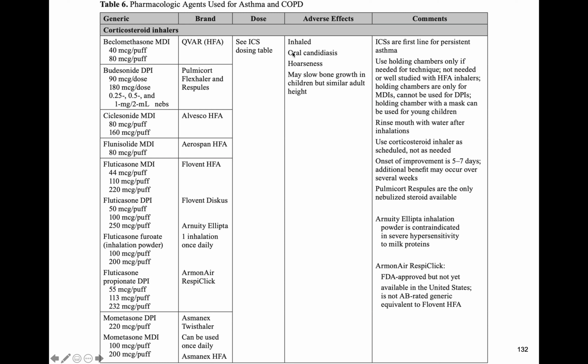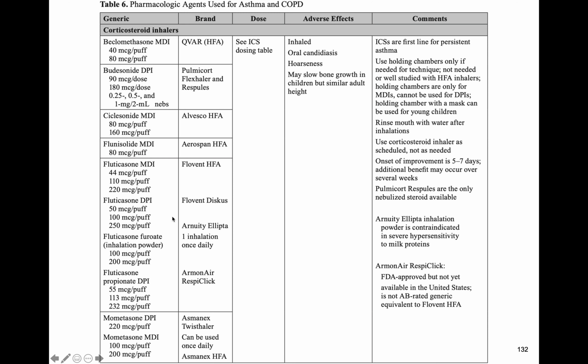Again, some of the tips: oral candidiasis, so remind your patient to wash their mouth out. And really the most important thing, and you might not have the opportunity to do this with the patient in your clinic, but certainly have them talk to the pharmacist, because if it's the first time they've ever dealt with a metered dose inhaler or a dry powder inhaler or a Respimat or any of these funky devices, they really need to be shown, and they also need to be able to teach back what they're doing.